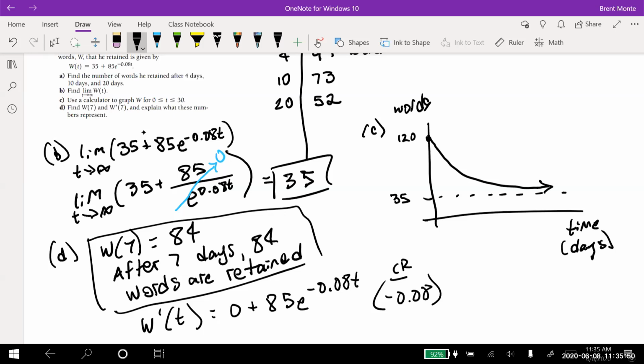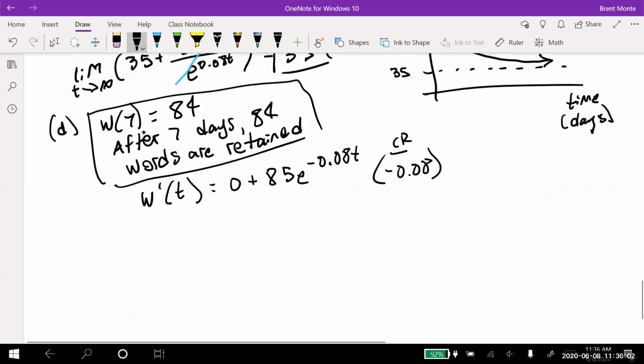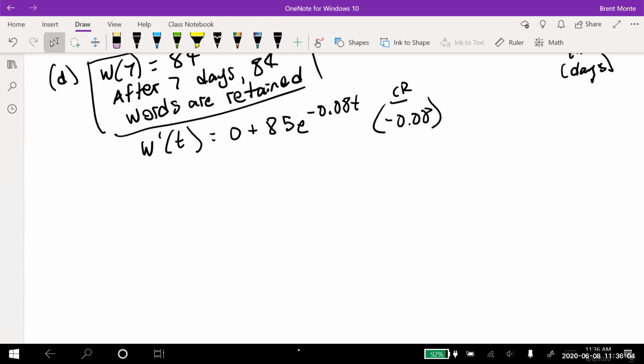Okay, so we've got that. Again, that 85 times 0.08 is not going to be a big deal, is it? 85 times negative 0.08. If you want to multiply those together, you can. This one comes out nice, but my caution is if it doesn't come out nice, don't round at this point. So this comes out nice. It's exactly negative 6.8.